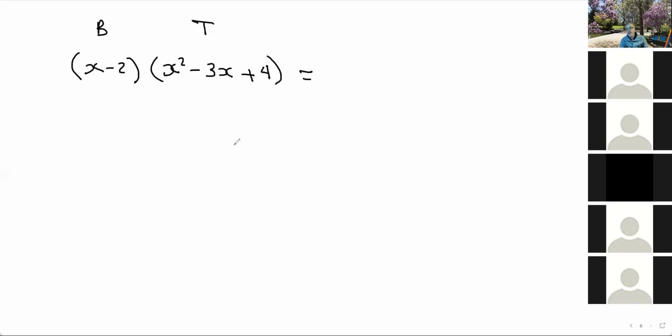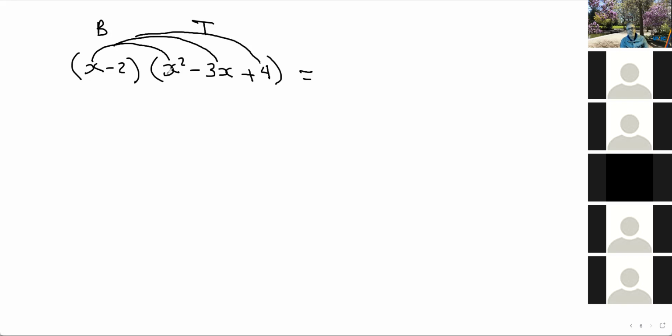It might look harder, but honestly, you're doing the same thing with the property of distribution. It says you take the first thing and distribute it into everything in the other brackets.